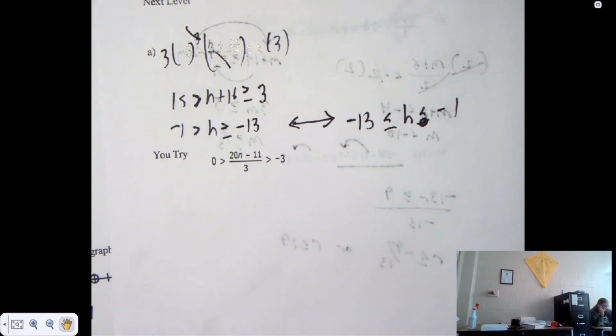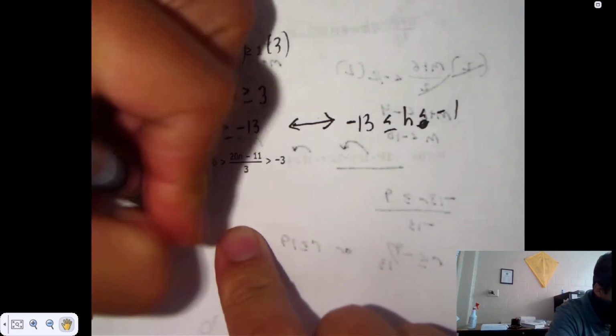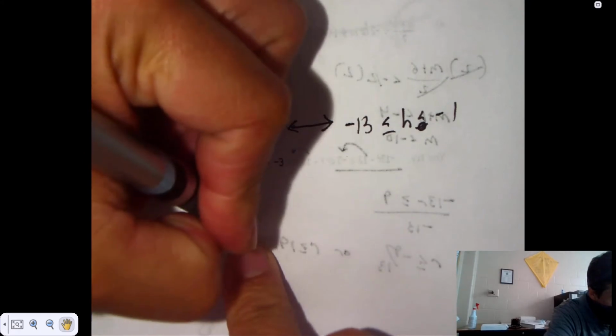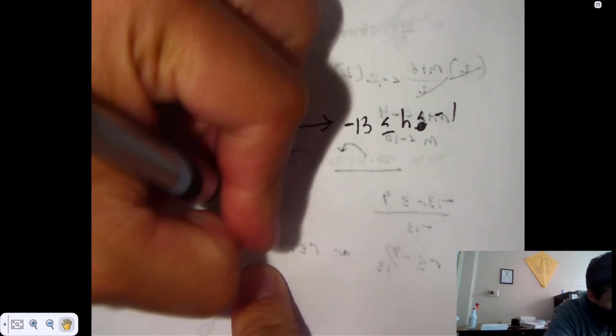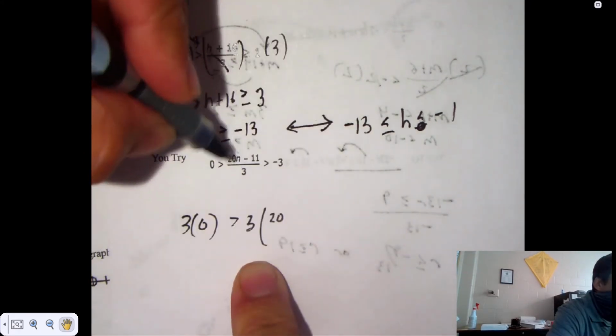All right, most of you have it. For those of you that don't, first thing I'm going to do, I'll show it on a separate line, is I'm going to multiply everything by 3. I am multiplying everything by 3 because I want to counteract division.